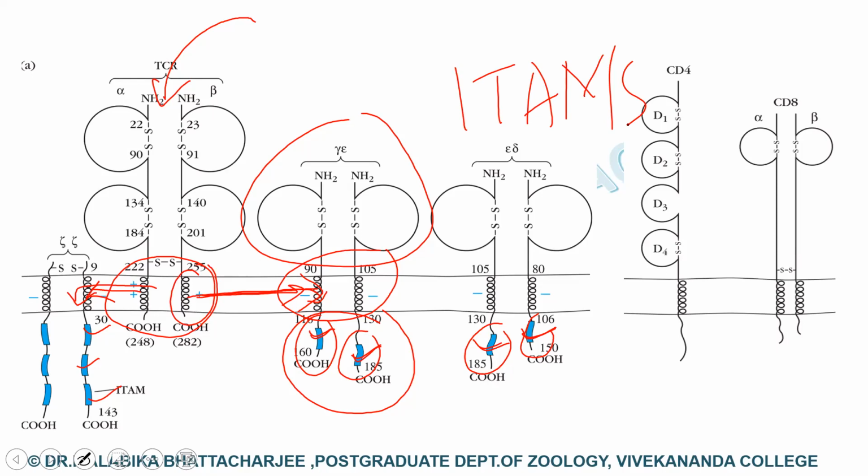They in turn activate other signal transducers of the cytoplasm. Once more, the full form of ITAM is immunoreceptor tyrosine activation motif. So this was about the T cell receptor and the CD3 complex.